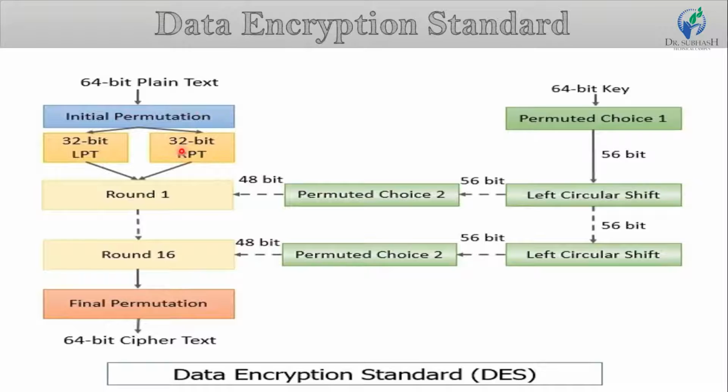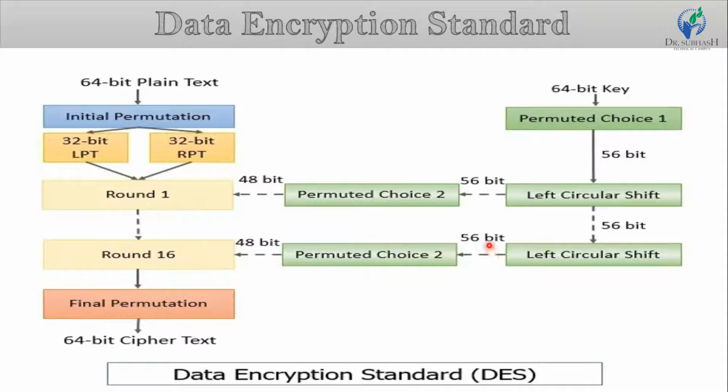Now in step 2, 16 rounds of DES encryption are performed on these LPT and RPT with a 56-bit key.